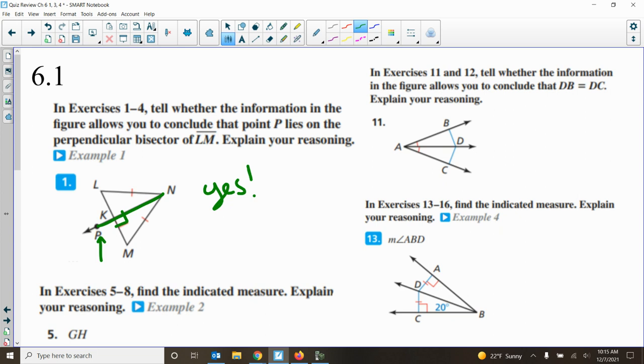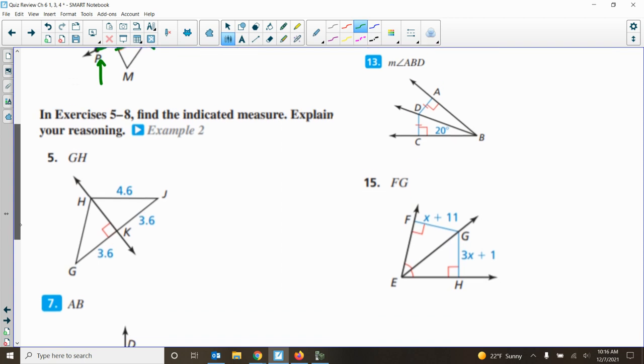If these tick marks were not here, then the answer would have to be no, because all we would have is a perpendicular line. We don't know that it has to be the perpendicular bisector. But since those tick marks are there, that tells you that point N is on the perpendicular bisector of segment LM. So the answer here would in fact be yes for question 1.